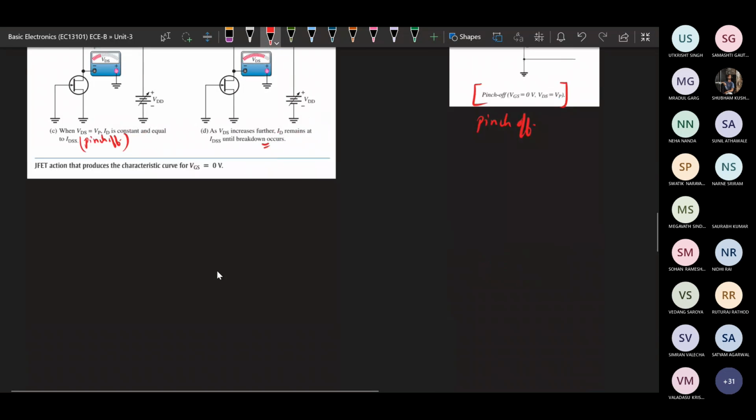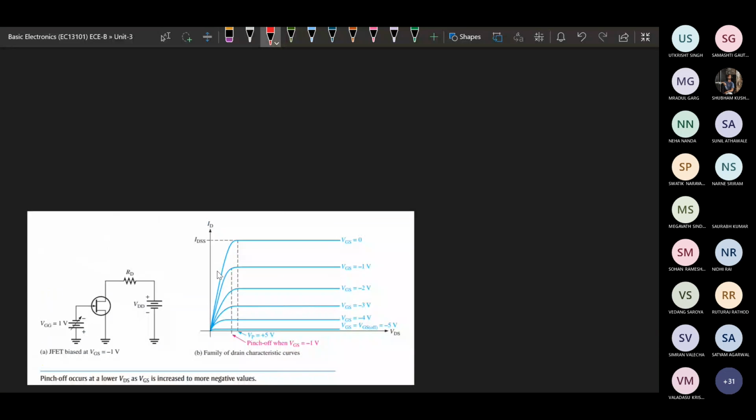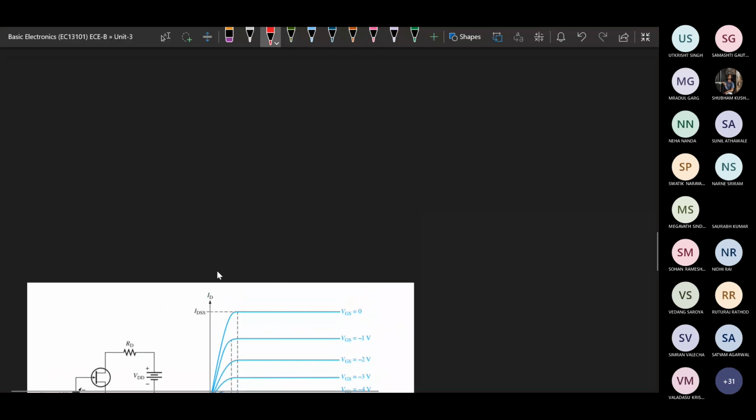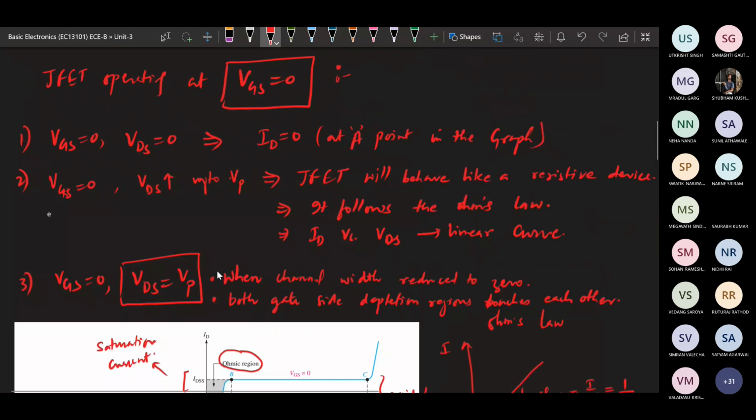Next we will see the case when some gate voltage is applied in reverse bias, and then we increase VDS. In the first case VGS equals 0.